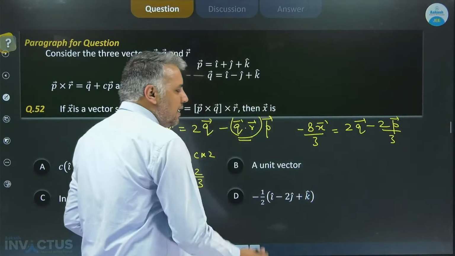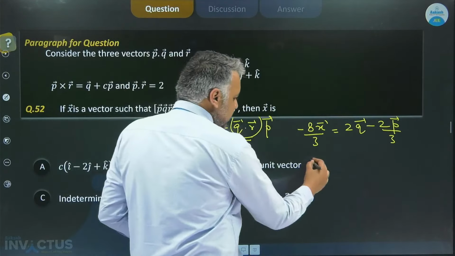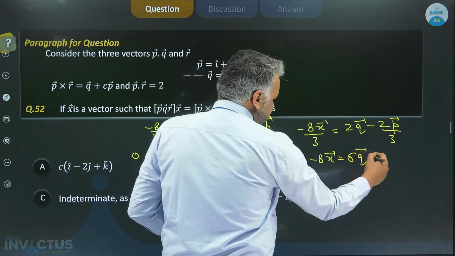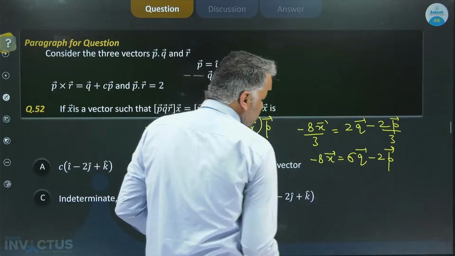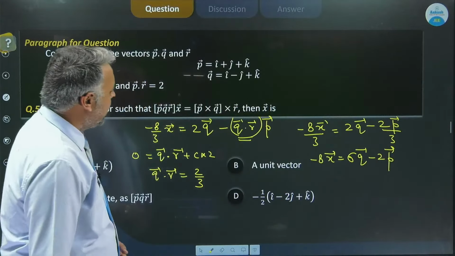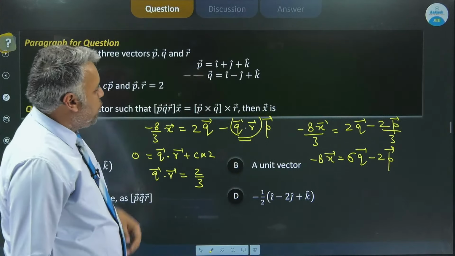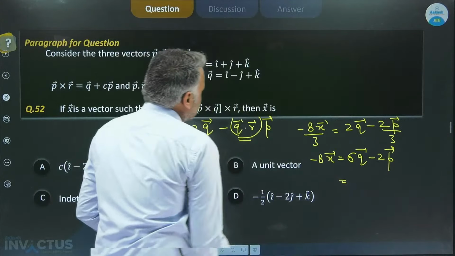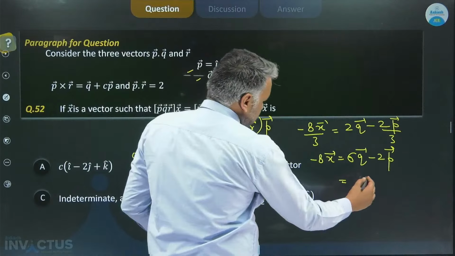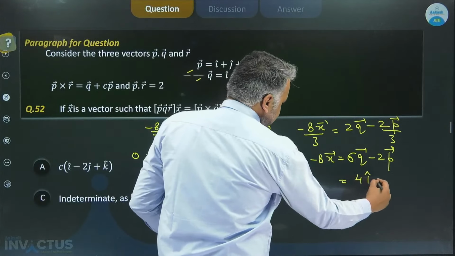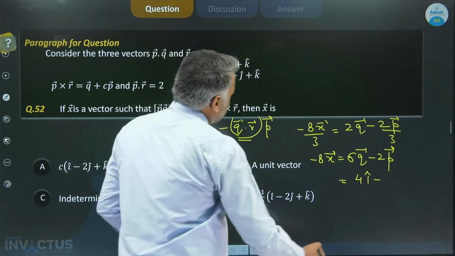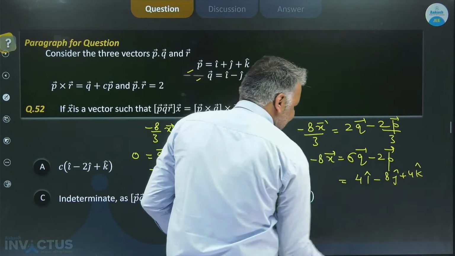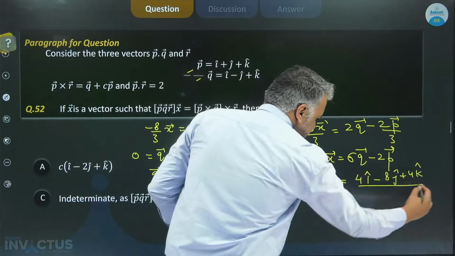Taking LCM or multiplying the complete equation by 3, this will be minus 8x vector is 6q vector minus 2p vector. Now 6q minus 2p, p and q are given, you can directly calculate this. So I think this will be 4 i cap minus 8 j cap plus 4 k cap, and divide by minus 8.